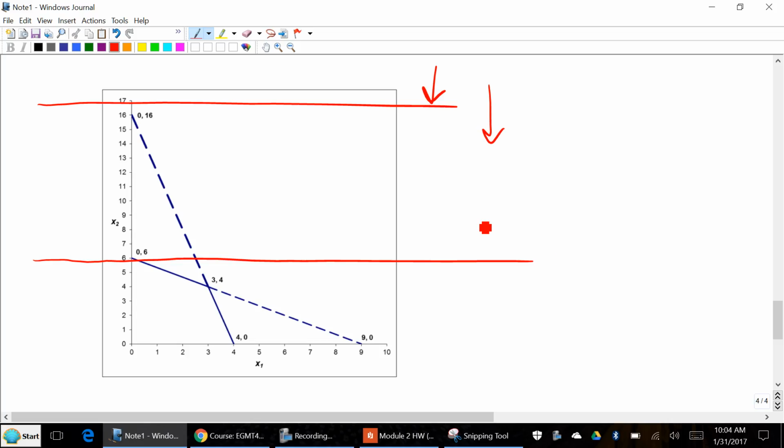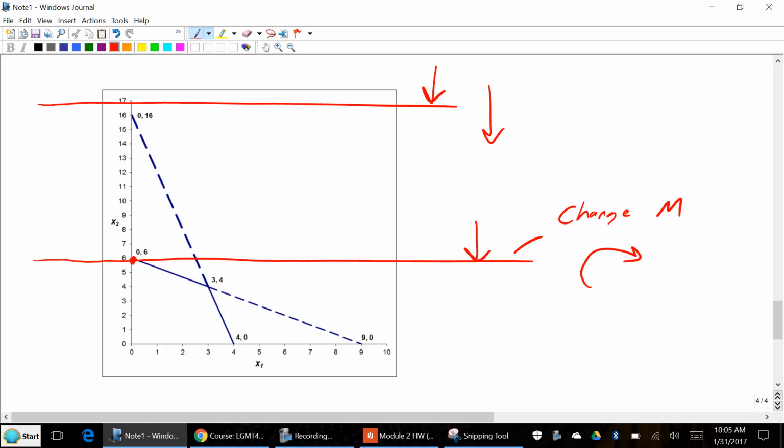Okay? So if this objective function was perfectly flat, it's going to touch right here. But imagine that as you change the slope, so I'm going to say you change m, and you rotate m like this. You make it more negative.